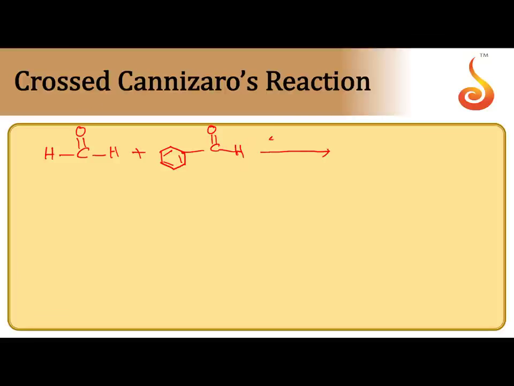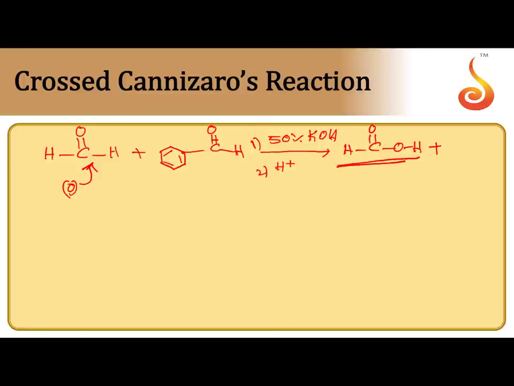So when this mixture is treated with concentrated KOH or NaOH followed by acidification, what happens? Which one undergoes oxidation, which one undergoes reduction? You remember, the smaller one, in which steric hindrance is less around the carbonyl carbon, undergoes oxidation. The other one undergoes reduction. So how to write the products? You observe HCHO. Just insert oxygen between H and carbon.